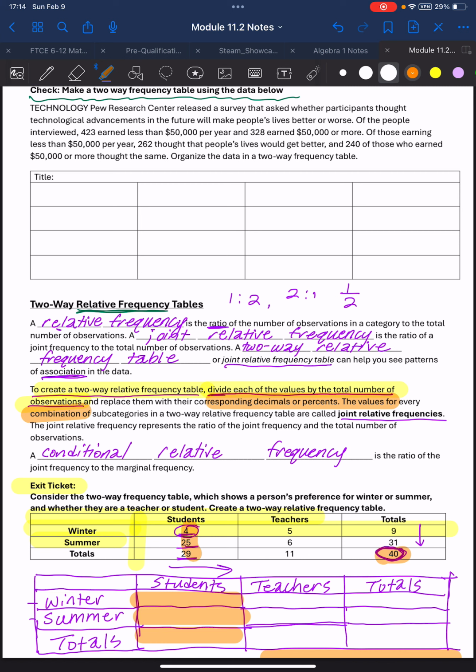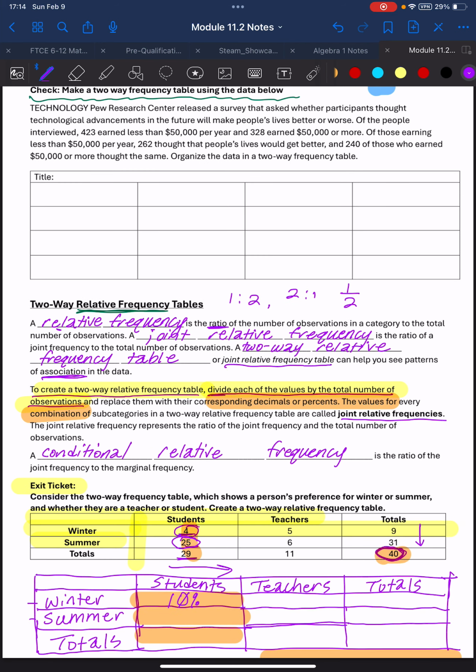Remember, these are our values right here. Okay, so I'm going to divide for our first one, 4 divided by 40. Well, guess what? 4 divided by 40 is just 10%, right? So we already know for our first column, it's going to be 10%. Yes, that's a 0. I put a slash through my 0, so you know it's a 0, not an O. All right, now we're just going to go to the next one.